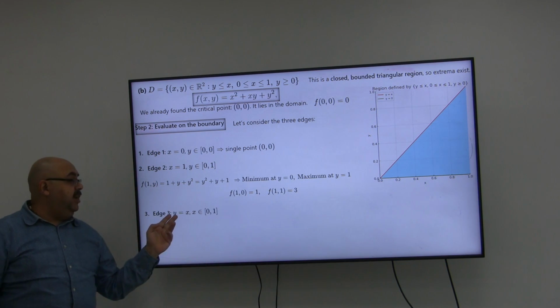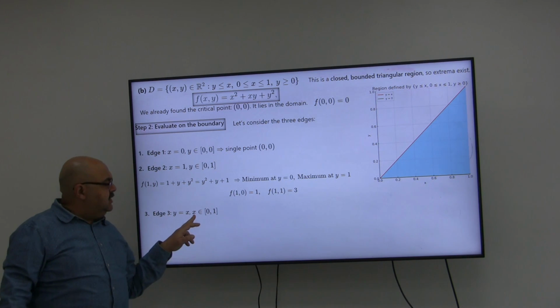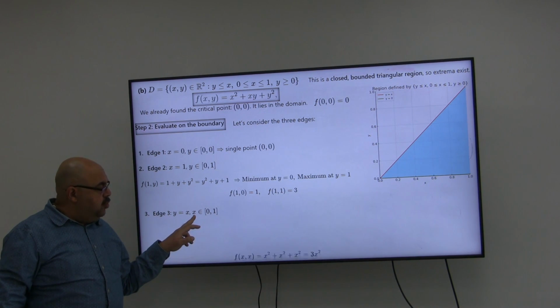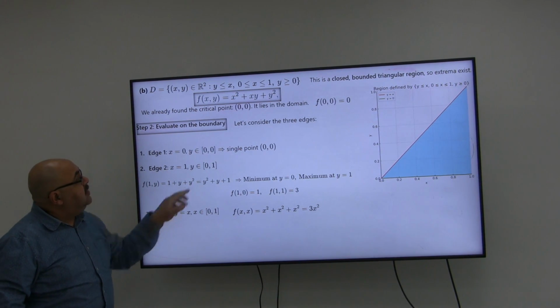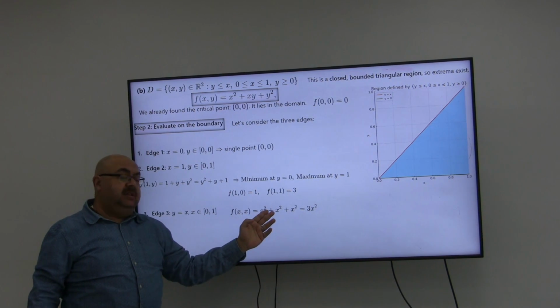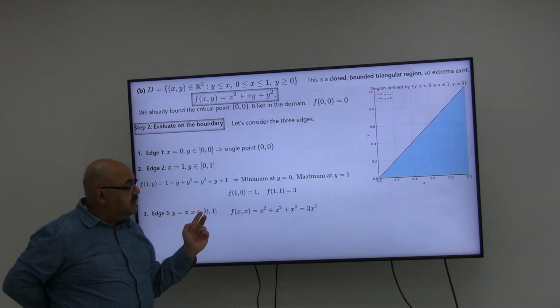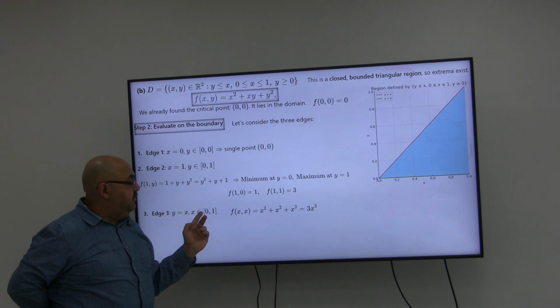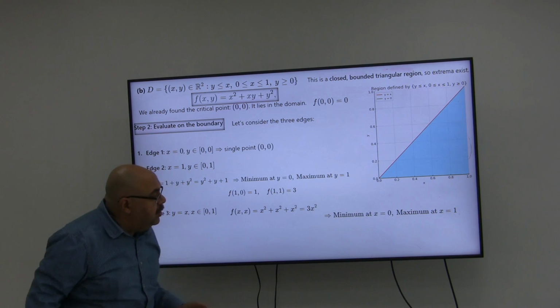In a similar manner, if y is equal to x, I have x belonging to 0 and 1. If you make the substitution y equal to x in your function, this is going to be the result. At the beginning of the domain, x equal to 0, then f is equal to 0. If x is equal to 1, then it's going to be equal to 3.